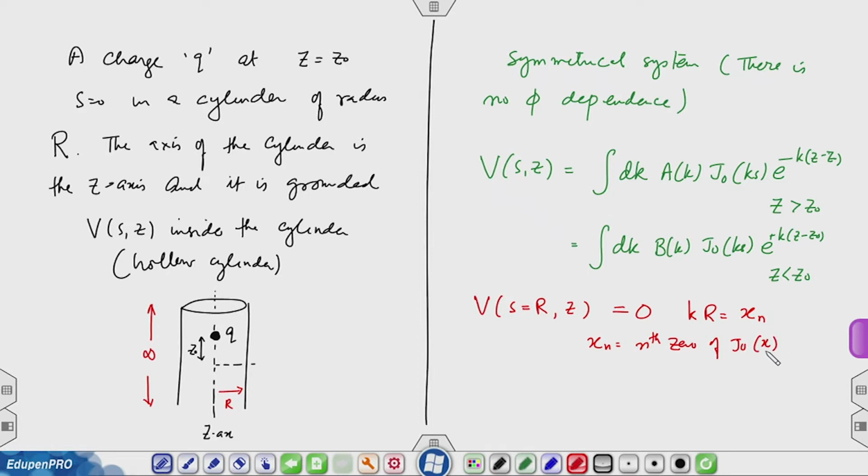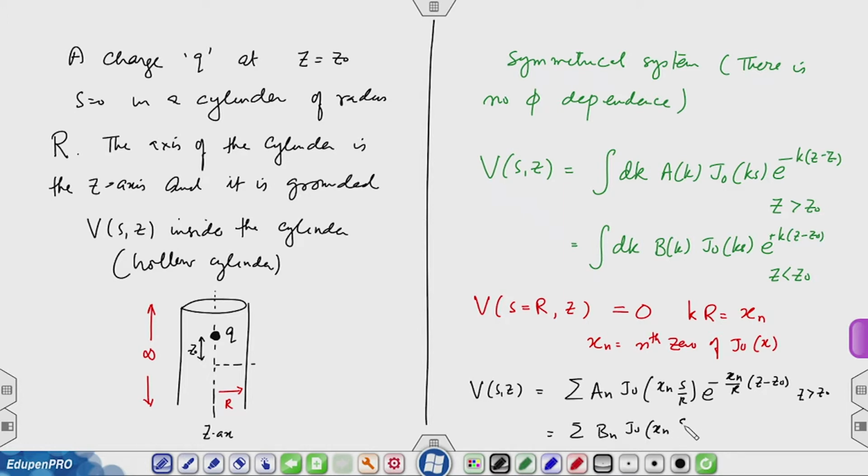And therefore, I am going to write now V(s, z) as equal to summation a_n J0(x_n s over r) e raised to minus x_n over r (z minus z0) for z greater than z0, and this is going to be equal to summation b_n J0(x_n s over r) e raised to plus x_n over r (z minus z0) for z less than z0.